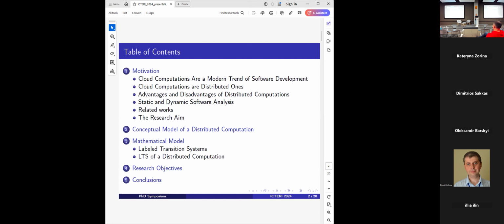So we will begin with the motivation behind this research, where we will explore key topics such as growing trends of cloud computations and the challenges that they pose. We will also discuss the advantages and disadvantages of distributed computations and examine both static and dynamic software analysis methods.